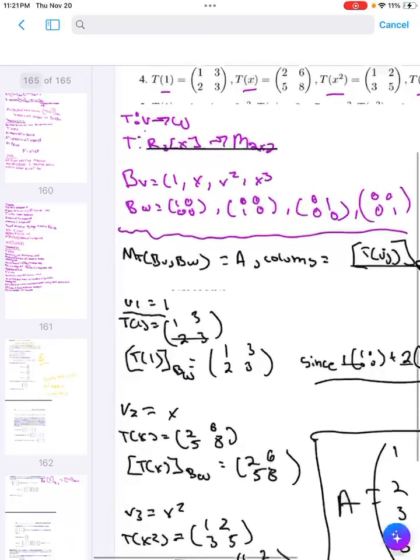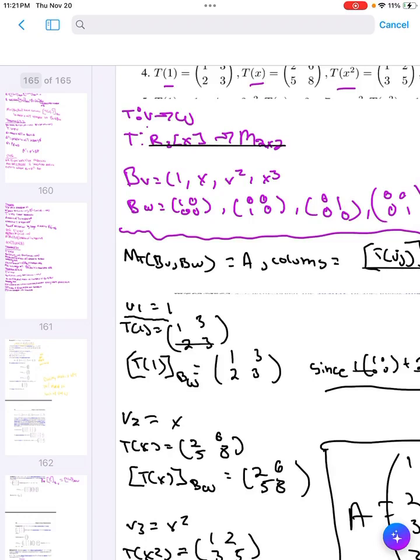So to start off, the first column, V1, is going to be when we plug in the first standard basis vector, which is 1, into the transformation. After plugging in 1 into the transformation, we get this matrix right here.